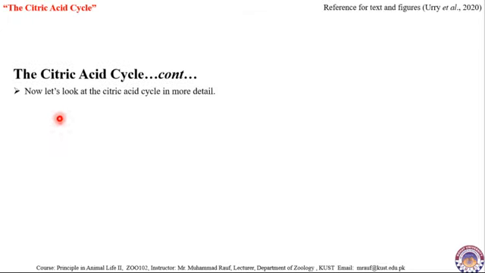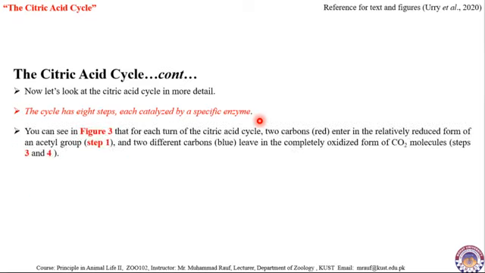Now let's look at the citric acid cycle in more detail. The cycle has 8 steps, each catalyzed by a specific enzyme. So there are a total of 8 enzyme-catalyzed steps in the Krebs cycle.